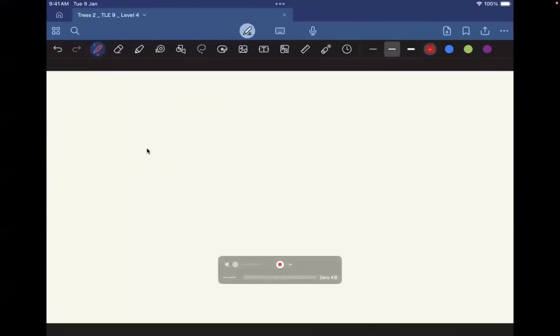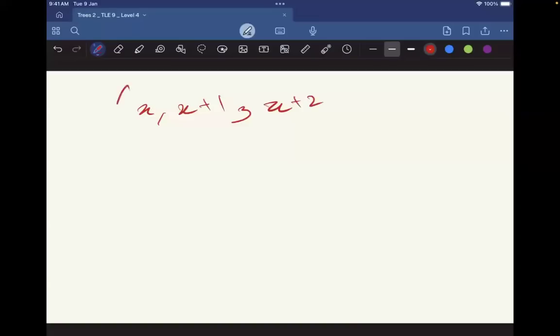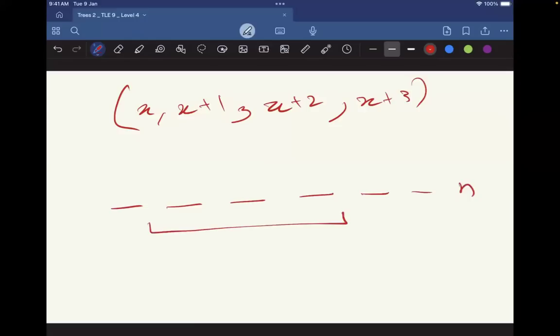Now, what does making an array consecutive mean, guys? That the array should be of the form x, x plus 1, x plus 2, x plus 3, and so forth. Yes or no? Tell me. Is this much clear? So we are given an array of size n and we are given queries.